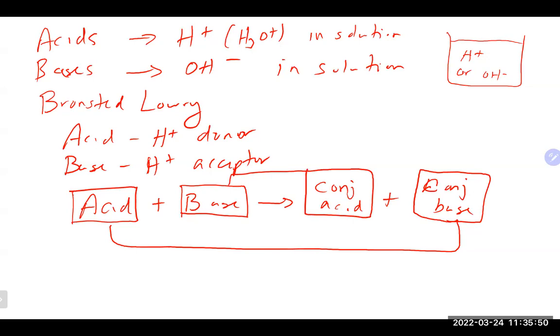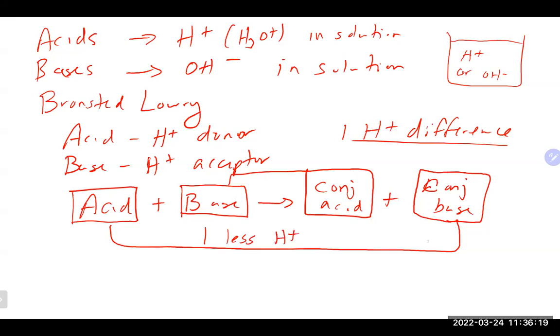The important difference between those two things, which I think we finished up on last time, is that there should only be one H plus difference. In order for these to be partners or pairs, that is the only difference there should be. An acid is going to donate that H plus, so the conjugate base will have one less H plus when it's all said and done.